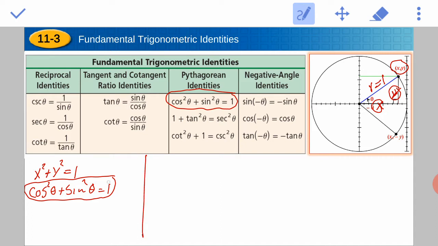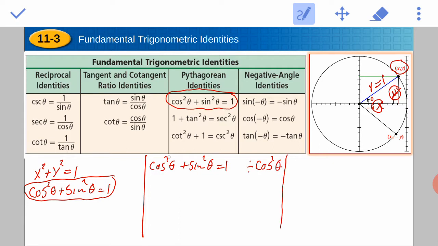I can use the first one to derive the second one and the third one. Let's start with the first Pythagorean identity, cosine squared plus sine squared is equal to 1. If we divide the whole identity by cosine squared theta, we will get the following.